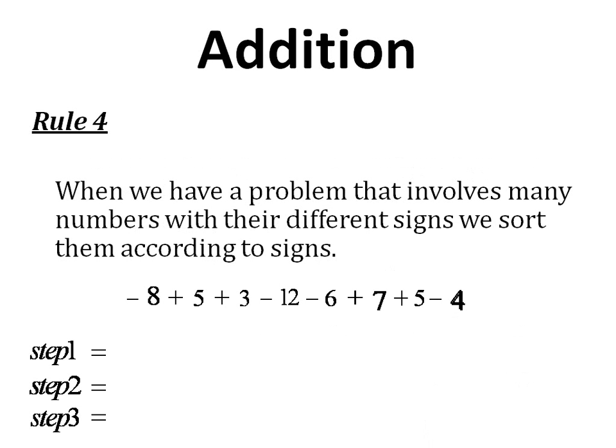Now we have our Rule 4, which I've developed on my own because I realize that students just make a meal of problems that have a lot of numbers that are accompanied by different signs. So Rule 4 states that when we have a problem that involves many numbers with their different signs, we sort them according to signs.